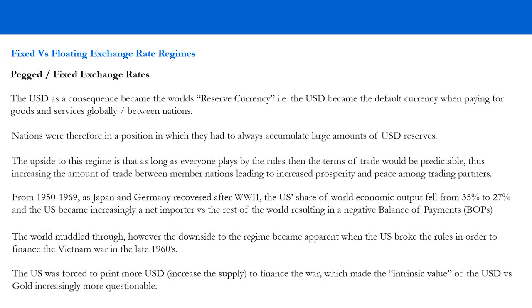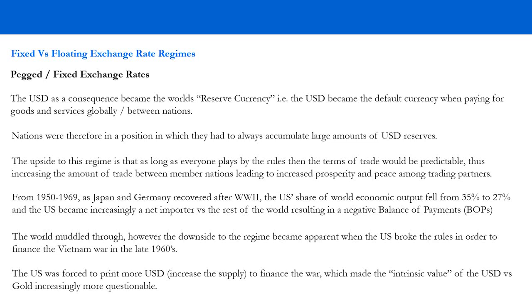A few years later, so kind of between 1950 and 1969, Japan and West Germany recovered after World War II, and the US's share of world economic output fell from 35% to 27%.